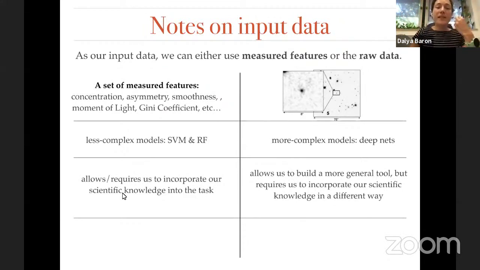So I can use my scientific knowledge in order to make this task easier for me. On the other hand, the disadvantage is that I'm required to understand galaxies. If I have a data set in which I'm not sure that I understand completely what types of objects I have in my data, it is very difficult to construct a list of features which will be good enough to apply with a machine learning algorithm.